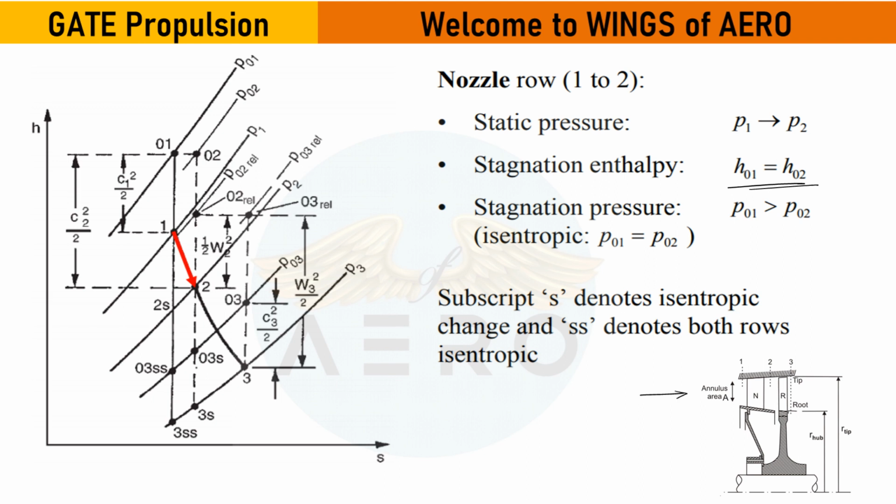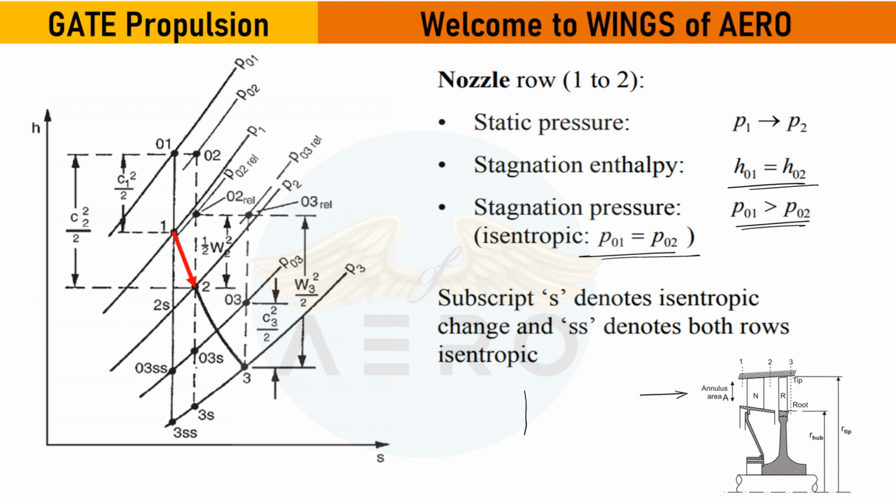Now, as we were discussing, what is going to happen for the stagnation pressure? Ideally, in an isentropic condition, the stagnation pressure is going to be the same. But in the real case, the pressure over here is going to be high as compared with this. So there can also be a plot.